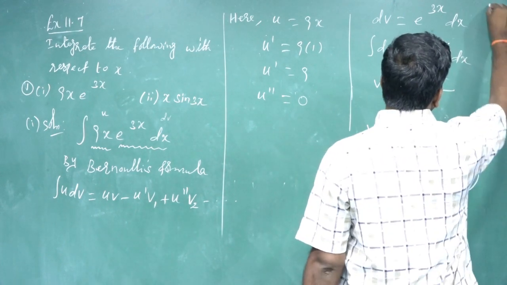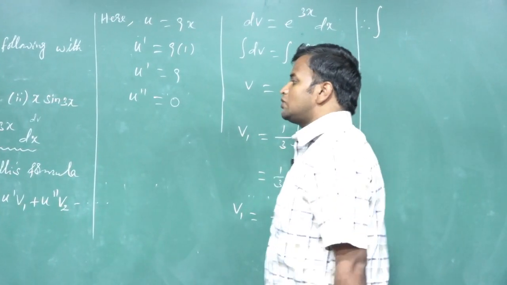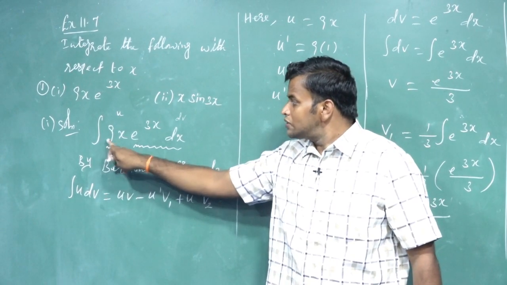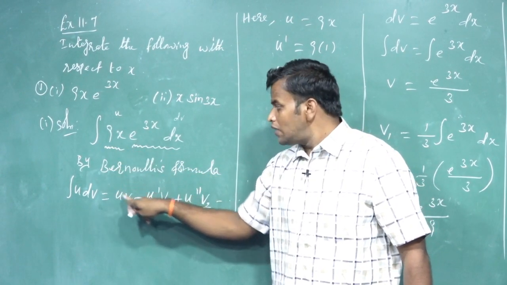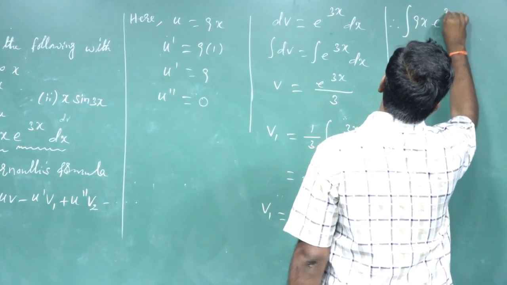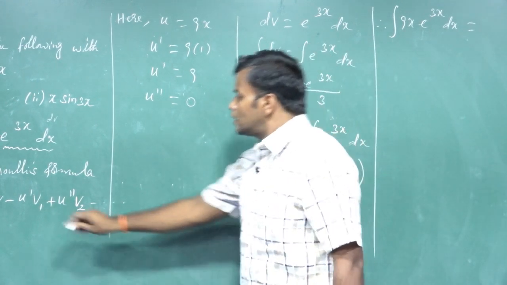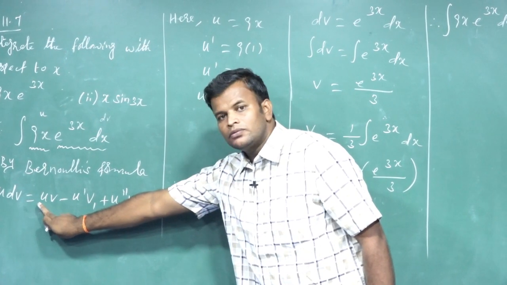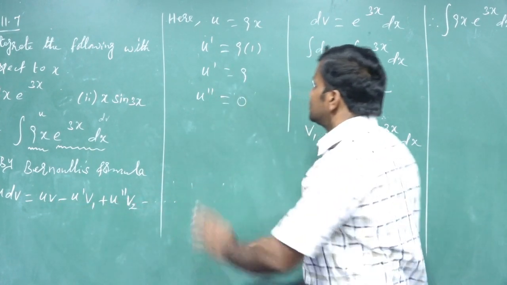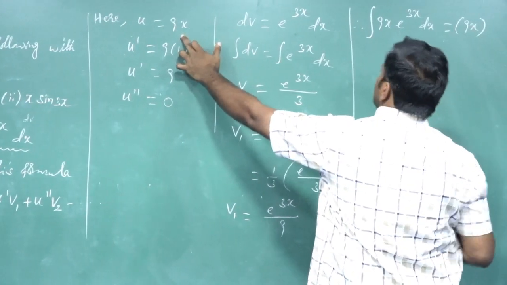Then we substitute all the values in the formula. What is our formula? Integrating u dv. We take the value of u as 9x and all the remaining values as dv. So 9x into e power 3x into dx is equal to, in the RHS, what is the starting term? u into v. The value of u is 9x into v.